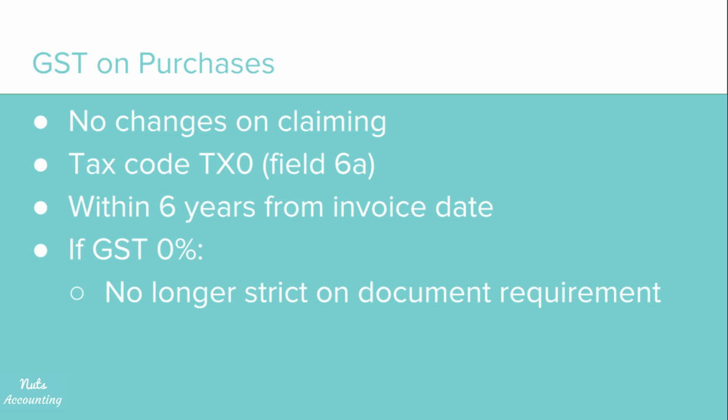If the GST is already at 0%, one of the tips here is you no longer need to be so strict on checking the documents from your supplier. Because during the GST 6% era, there were a lot of criteria that you needed to fulfill, and only once you fulfilled all of them were you able to claim the GST input tax on that particular invoice.